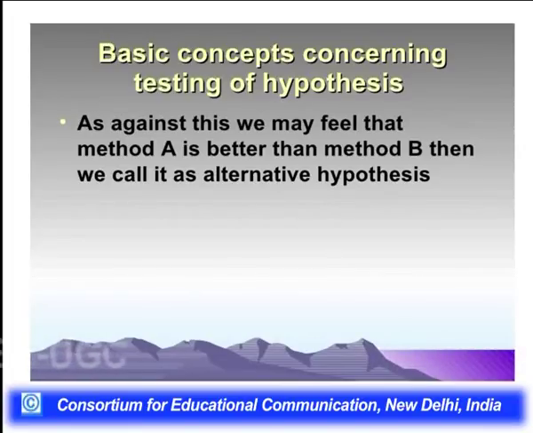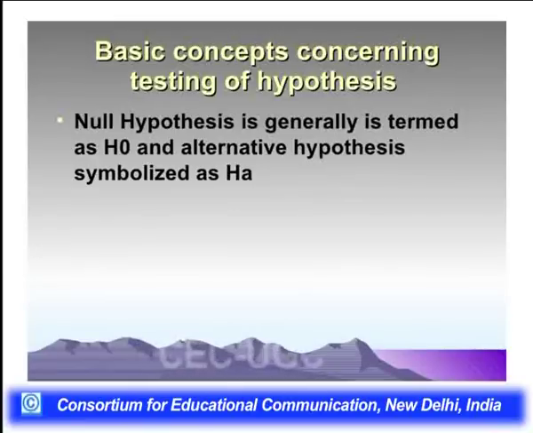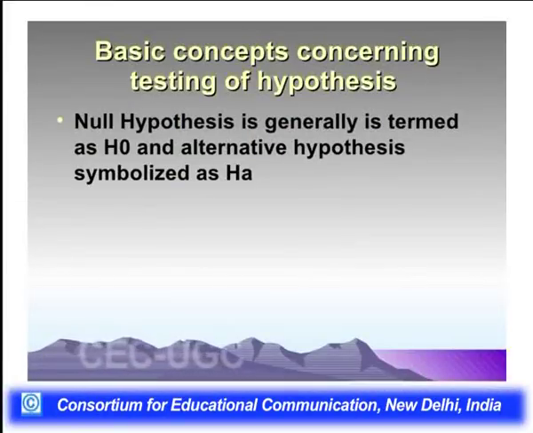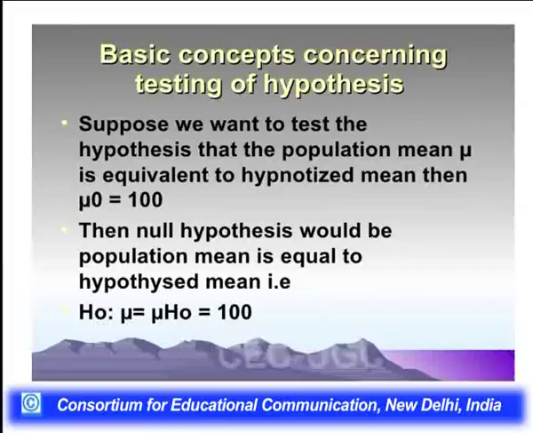In a null hypothesis, we try and negate, but in terms of the alternative hypothesis, we have a different orientation. Now, the null hypothesis is generally termed as H0 and the alternative hypothesis is symbolized as HA.